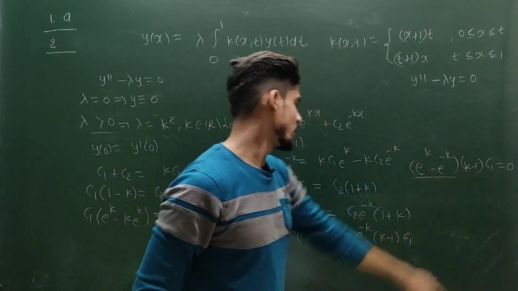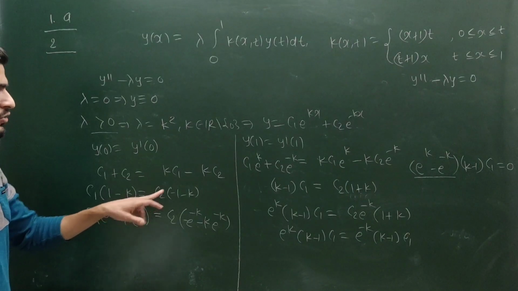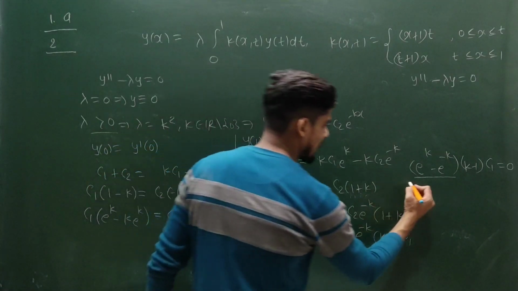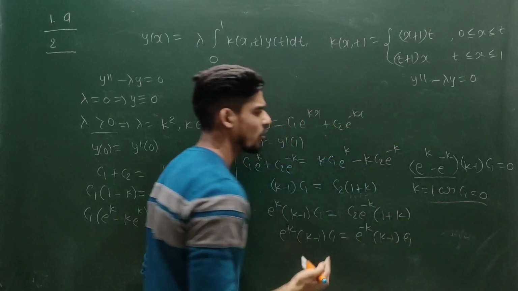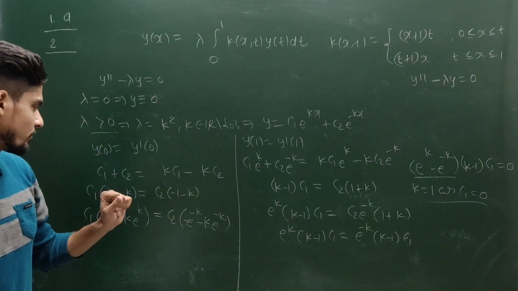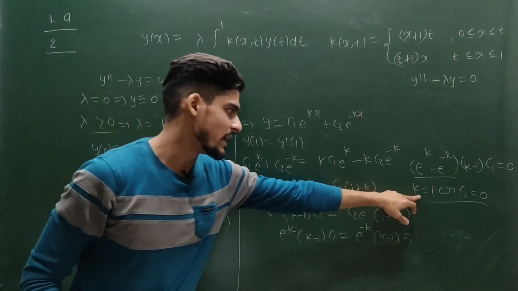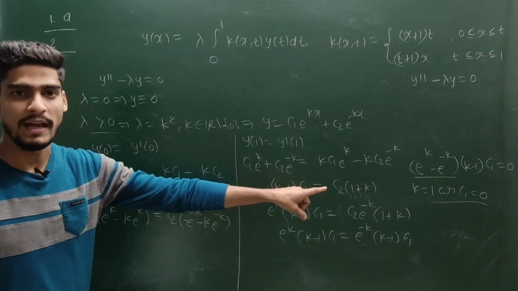If I choose my c1 0, so I have two choices, either my k is 1 or c1 is 0, or both can happen. So you observe, if I choose my k is equal to 1, then I am in a good condition because I have got my 1 eigenvalue.